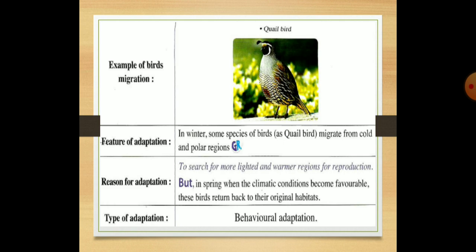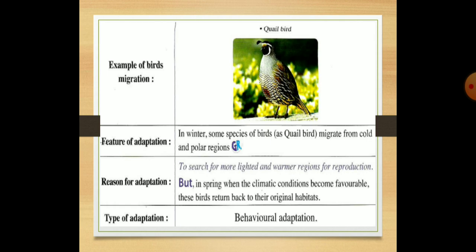So it's time for quail birds. In winter, some species of birds, such as quail, migrate from cold and polar regions to search for more lighted and warmer regions for reproduction. But in spring, when the climate conditions become favorable, these birds return back to their original habitats.